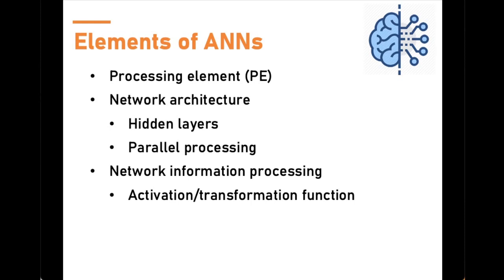Parallel processing is similar to the way a brain works and differs from the serial processing of conventional computing.